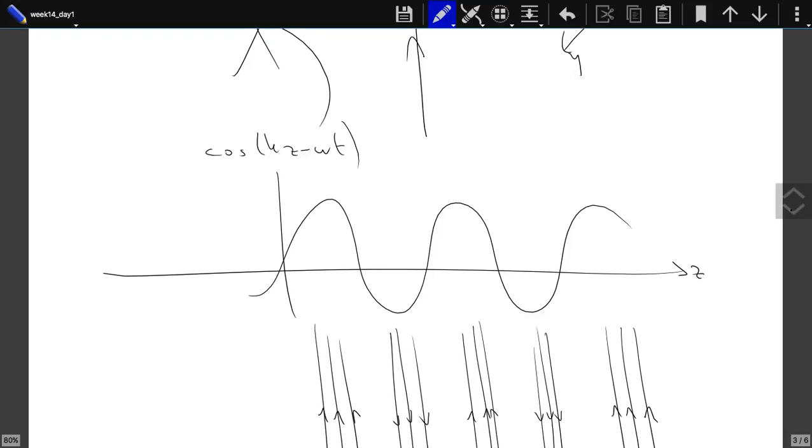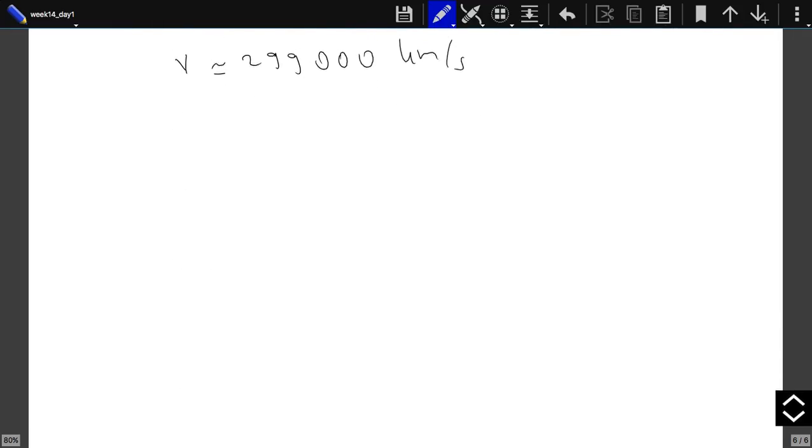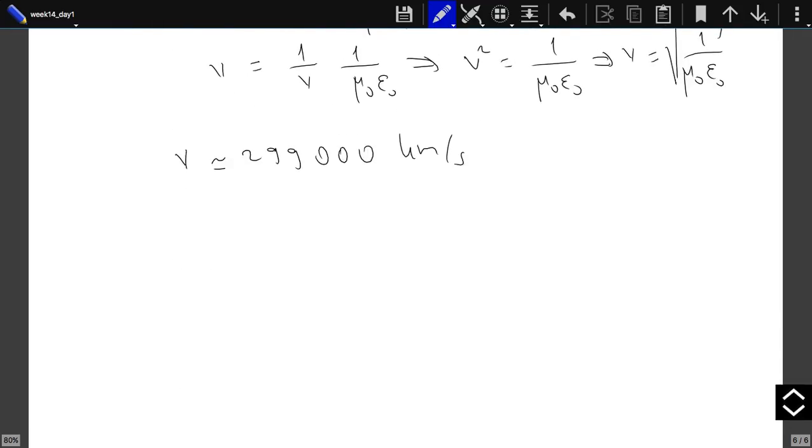K is 1 over that length, physically speaking. I mean, you know the relation between the period and the frequency? The relation between the period and frequency is exactly the same as the relation between lambda and K. One is in time, the other one is in position.